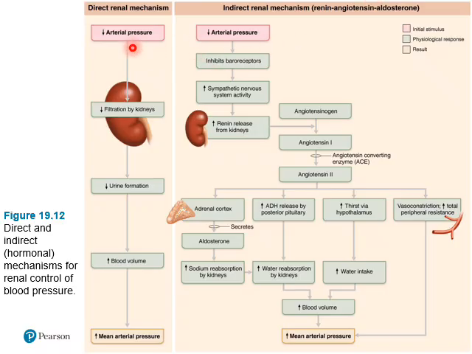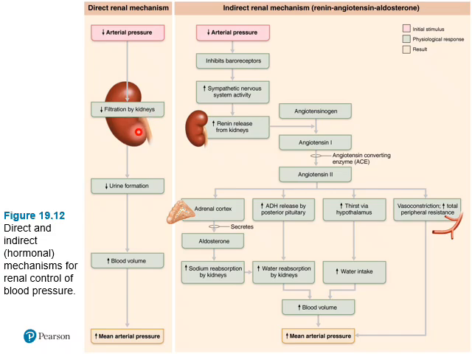So the direct mechanism is driven by an increase in mean arterial pressure, which will, okay, we start from the top. A decrease in arterial pressure, which will be affecting the filtration in the kidneys.